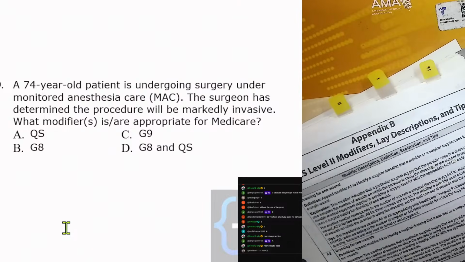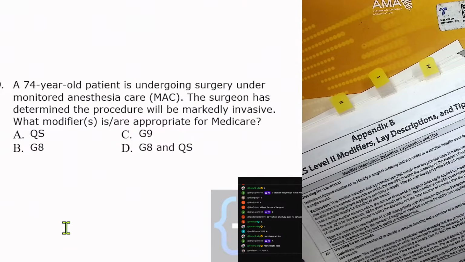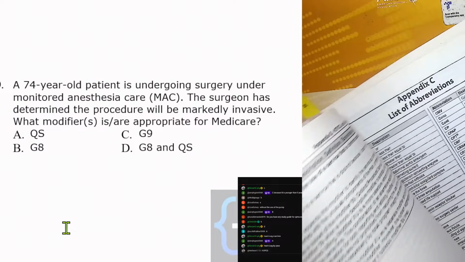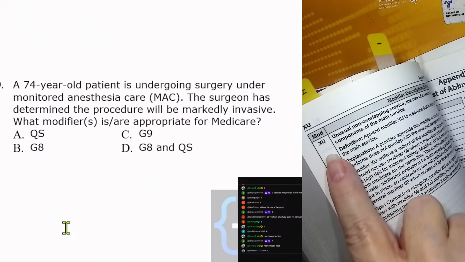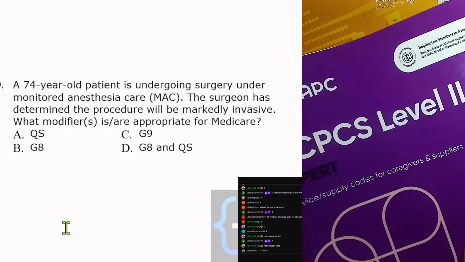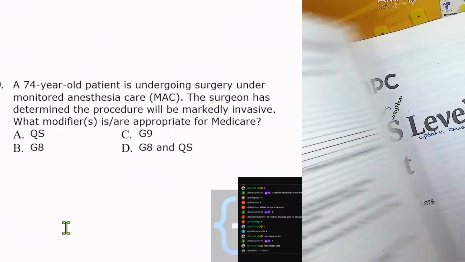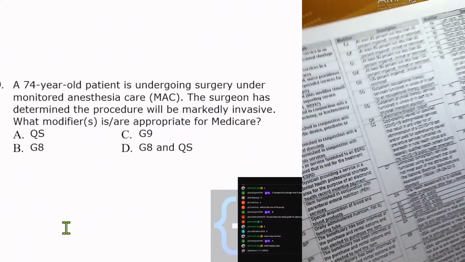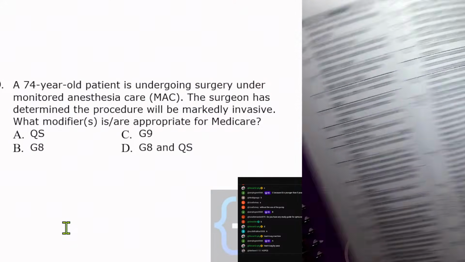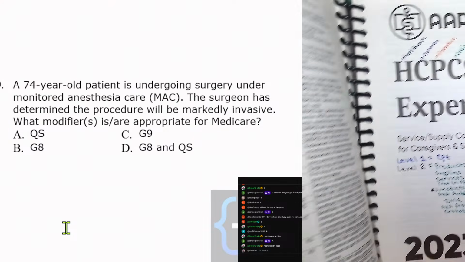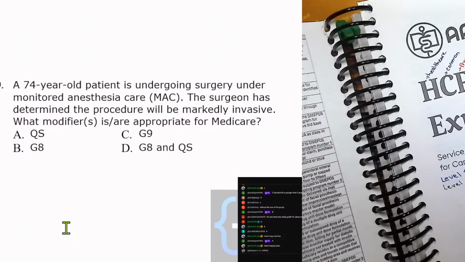So Appendix B has all modifiers from A1 all the way to XU. If you have AAPC's versions of the HCPCS, you'll note that the front covers have modifiers too, and you open them up and then they'll have like 3 pages of modifiers. This goes all the way to LR.